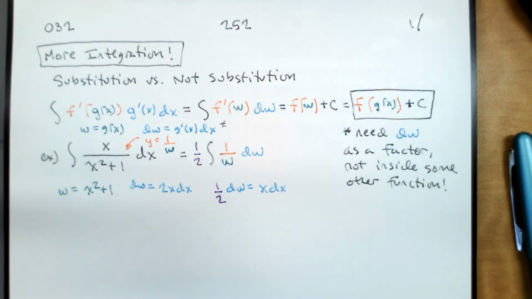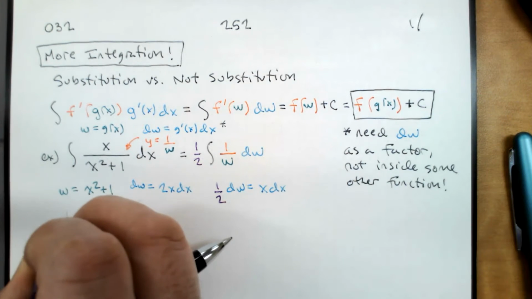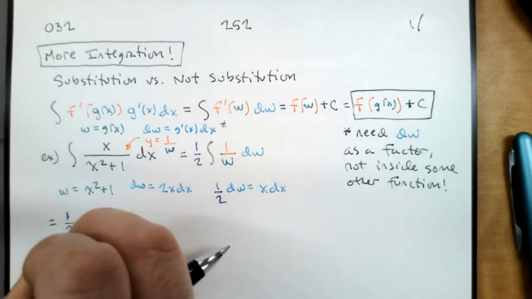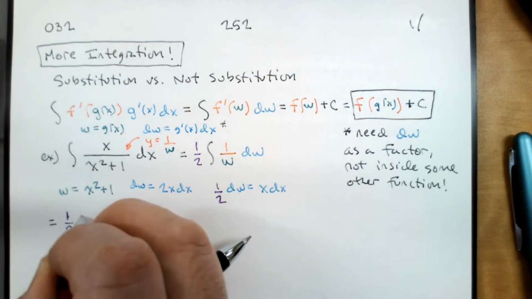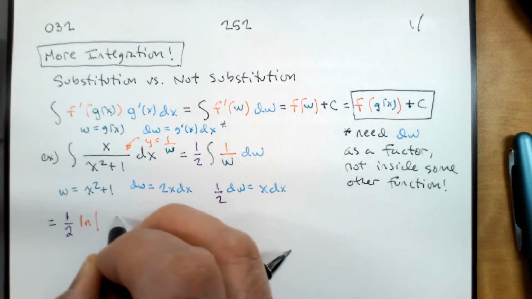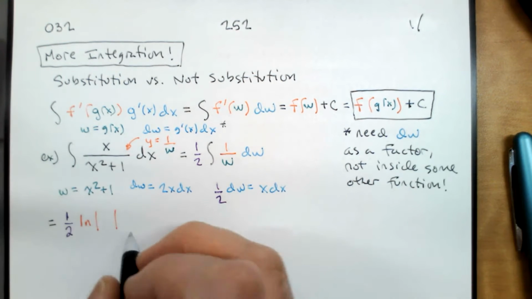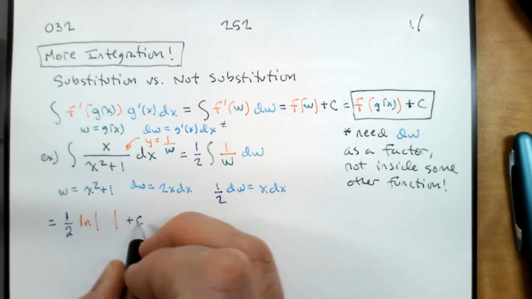There's our w. So now we just have to integrate. The integral of 1 over w is the natural log of w. I still have this 1/2 as a factor. The integral of 1 over something is the natural log of the absolute value of that thing. We've integrated so we can put our constant of integration, plus c.